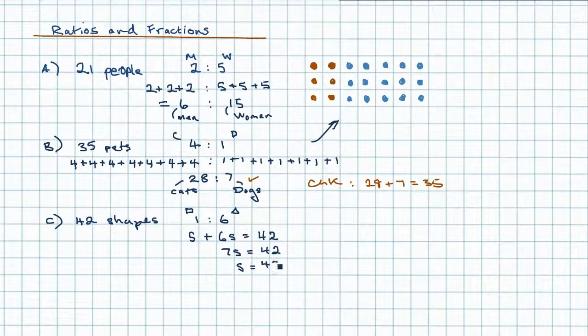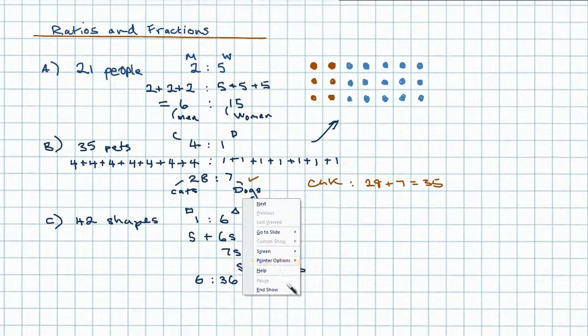On the other side we've got 42 divided by 7, and 42 divided by 7 equals 6. So this gives me my scalar fairly quickly and simply, and it means now I can convert 1 to 6. So 1 to 6 becomes 6 times 1, 6, and 6 becomes 6 times 6, which is 36.